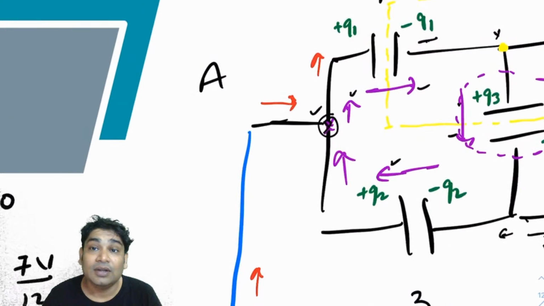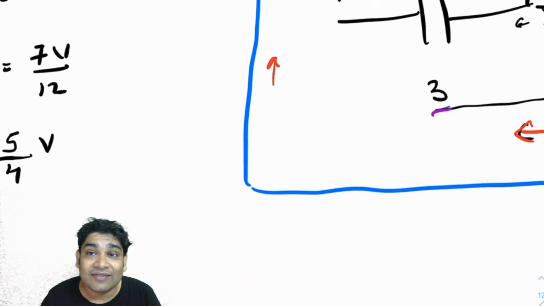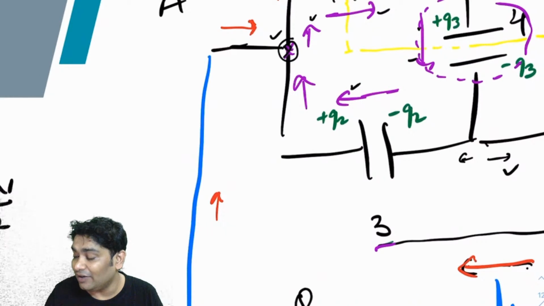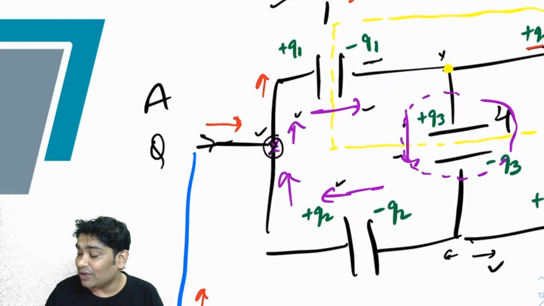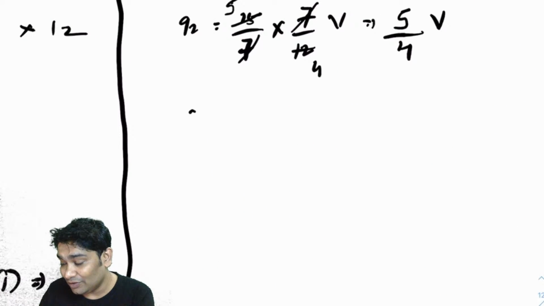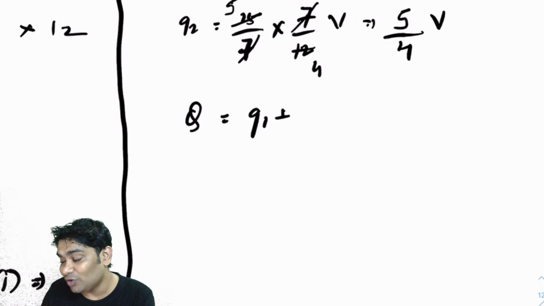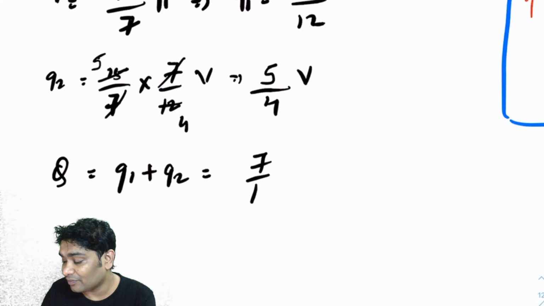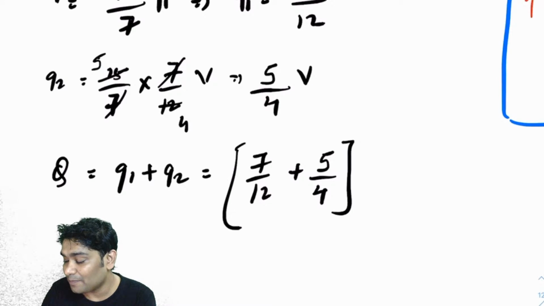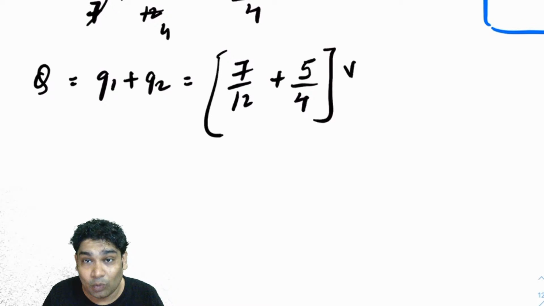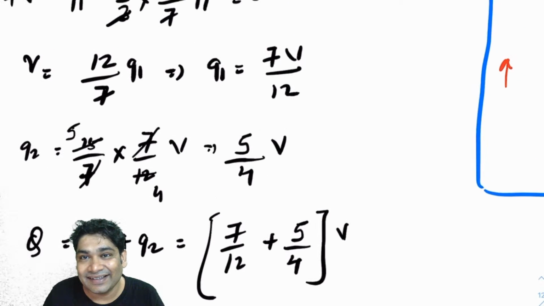Now let's pay attention. What is the charge that flows from the battery? You can see that Q1 is going here, Q2 is going here. So I can say capital Q, the total charge from the battery, is nothing but Q1 plus Q2. And this would be 7 by 12 plus 5 by 4 times V. Very nice.